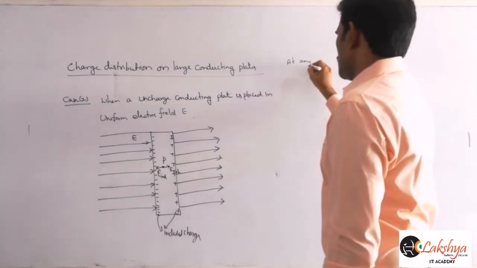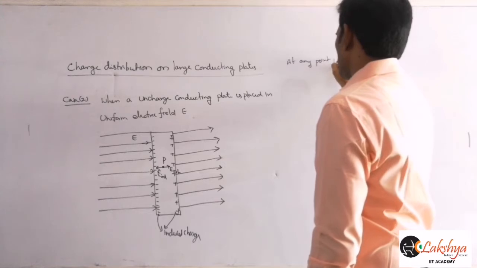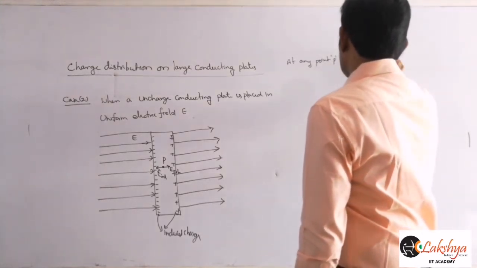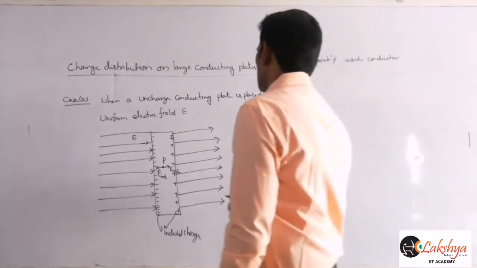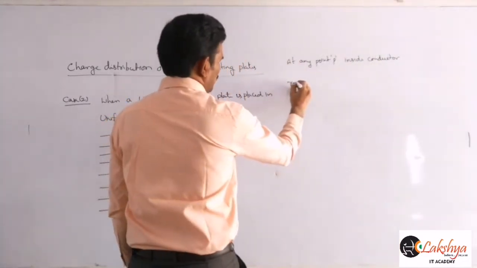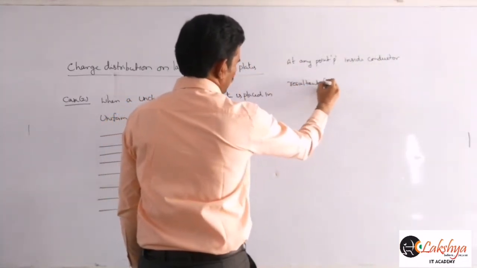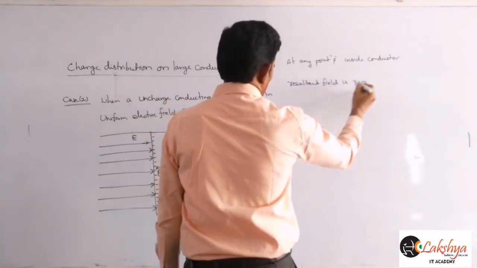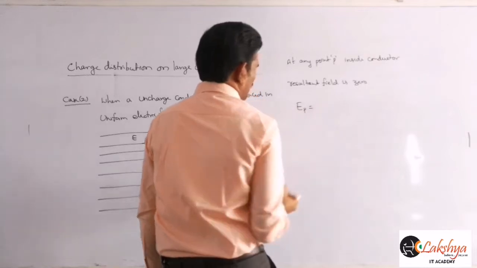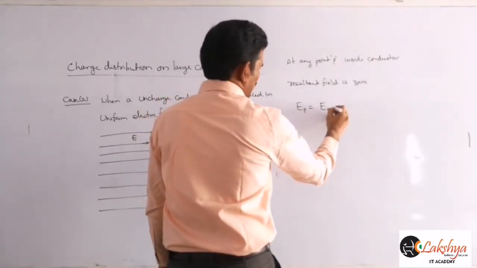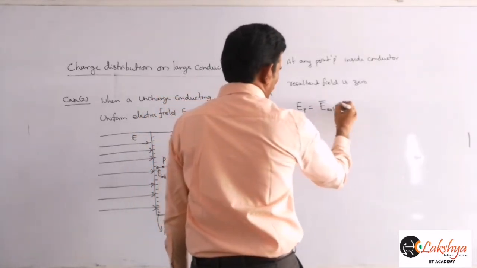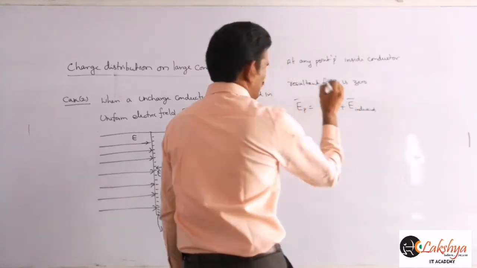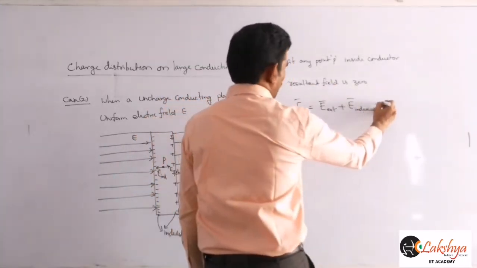So at any point P inside the conductor, the resultant field is 0. Therefore, the electric field at that point we can write as the resultant of external field plus induced field, and this value should be equal to 0.